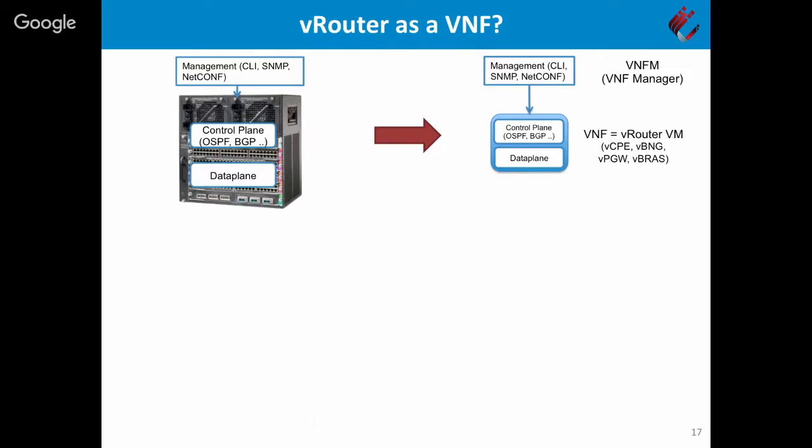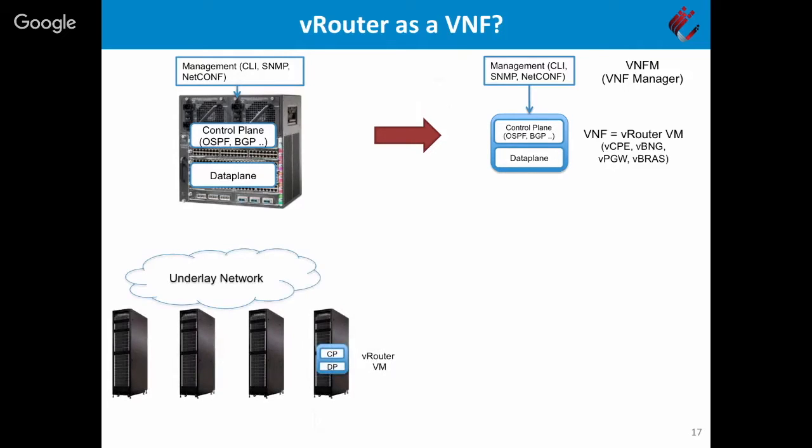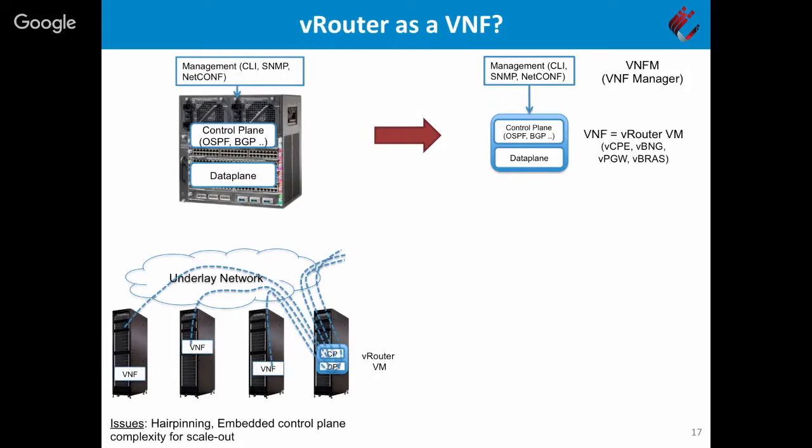And there are many, many varieties of this that you will find in the industry. That's a problem, because once you put this into your data center architecture, all the traffic, let's say it needs to go to the outside world, has to hairpin through this one VM.